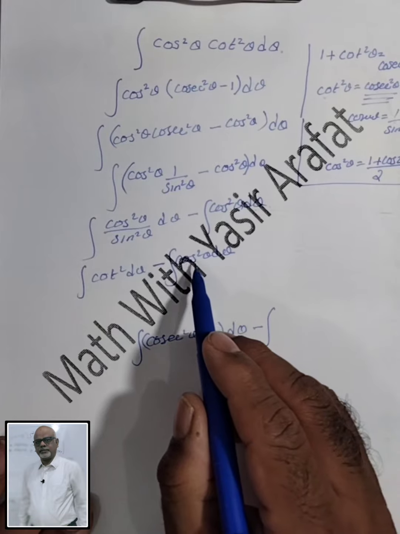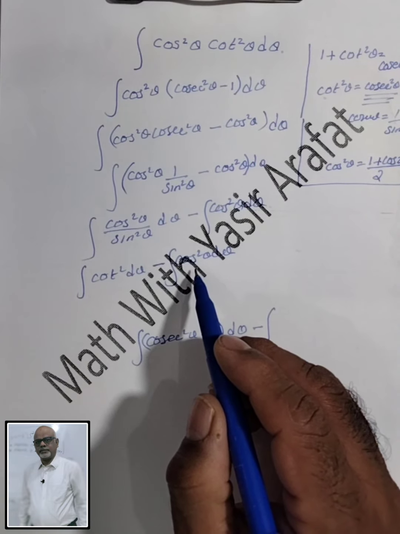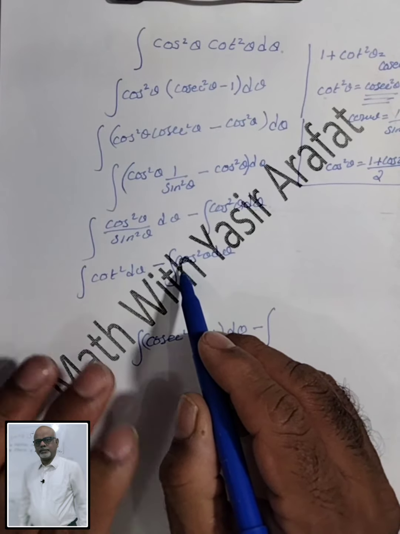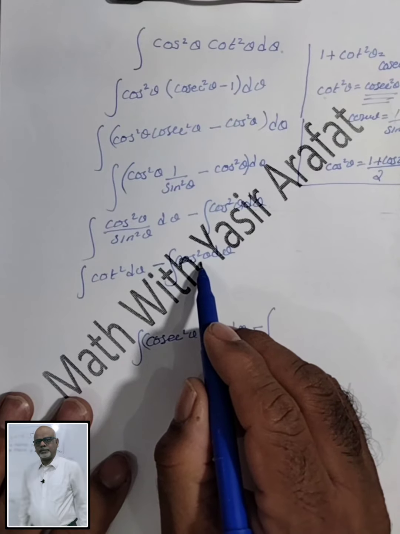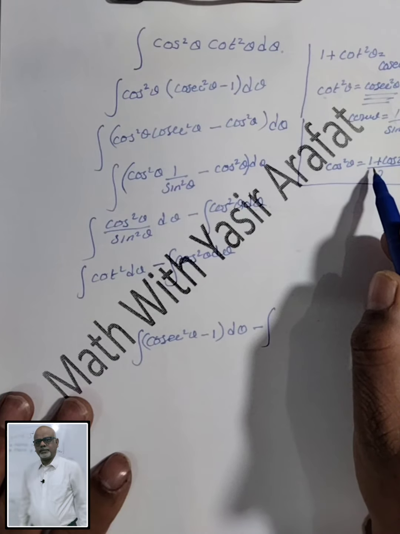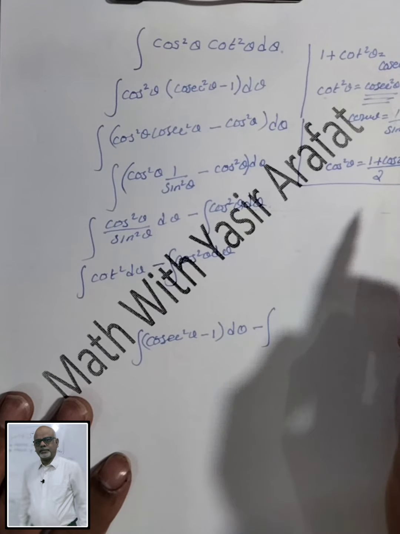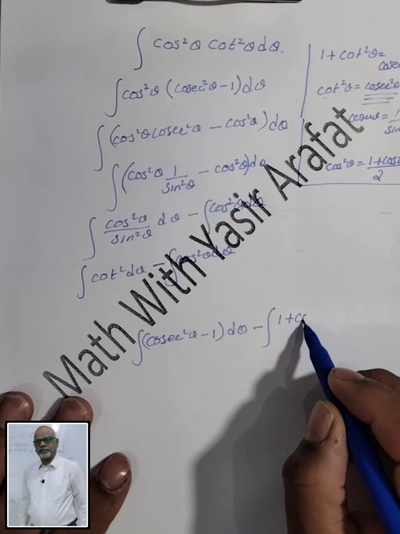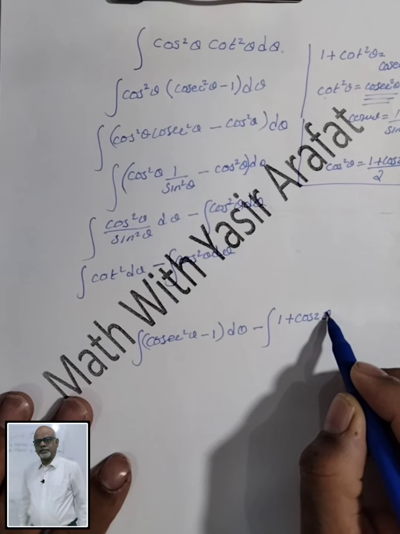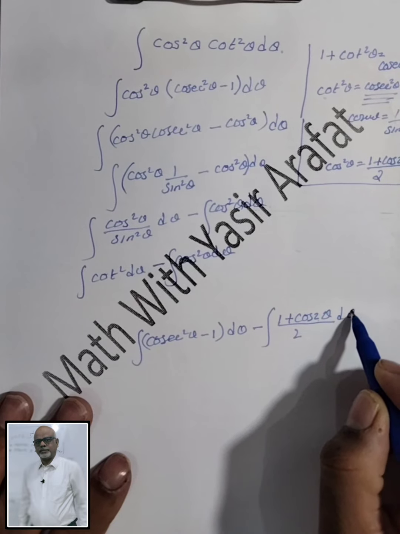So we put the value of cos square theta here, because again we don't have the direct formula. That is why we convert cos square theta into its relative formula, 1 plus cos 2 theta upon 2, into d theta.